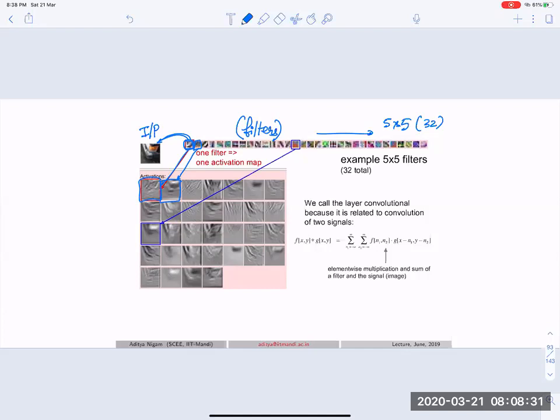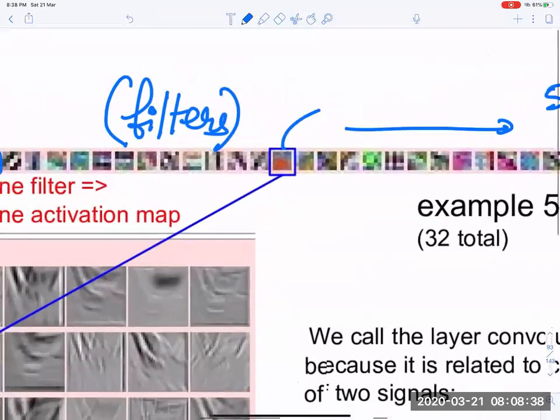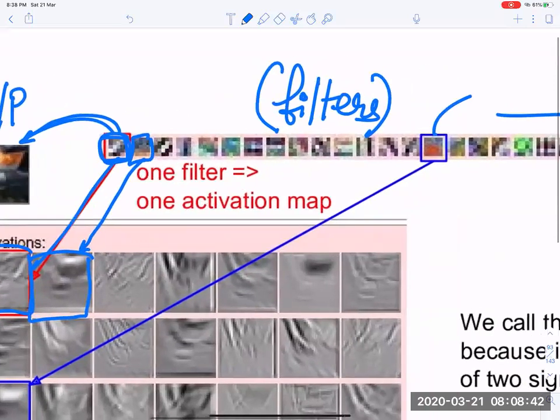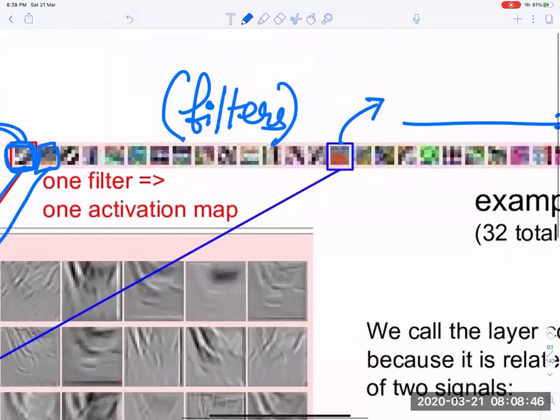What they wanted to show over here is this type of response. This is trying to say that this filter is looking for a response which says: is there any red blob type of structure present?